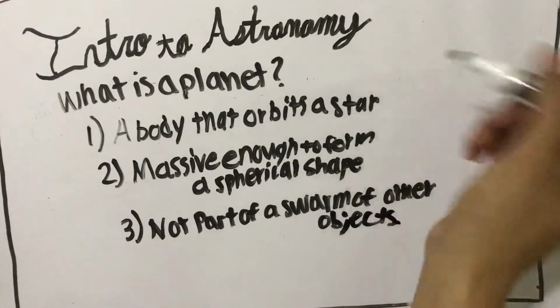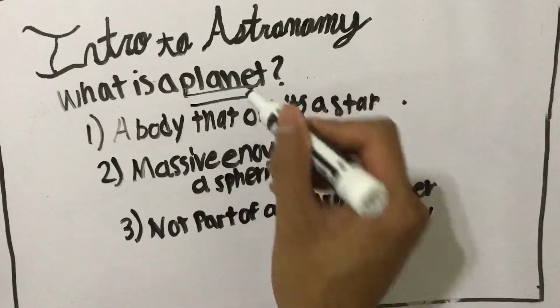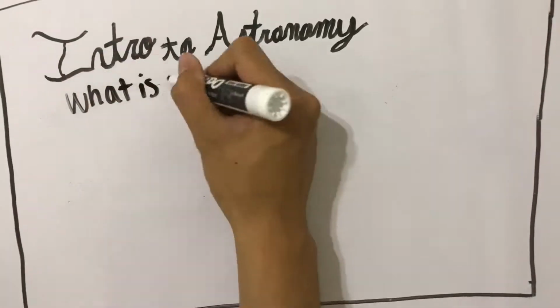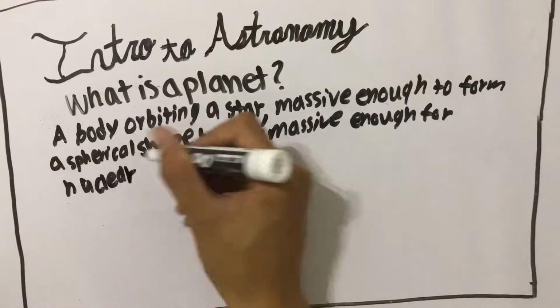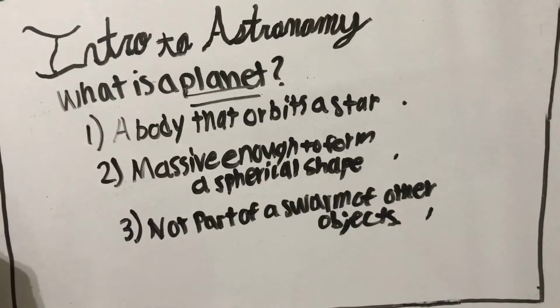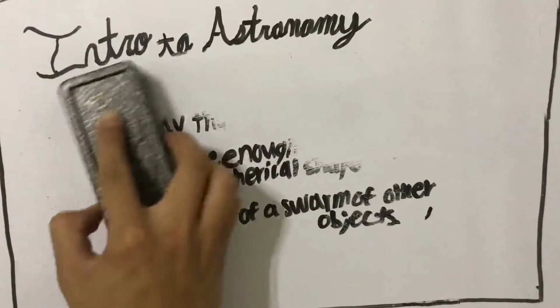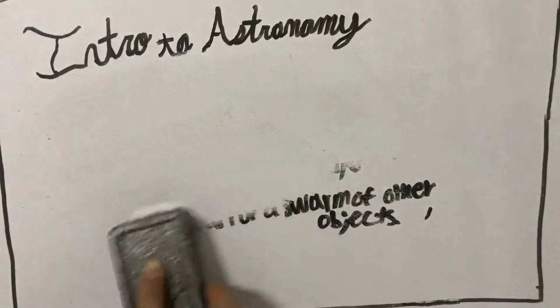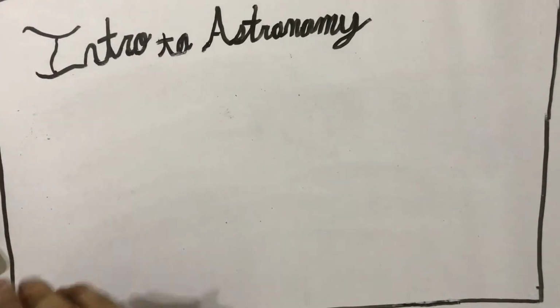So these are the 3 main definitions that need to be satisfied to be considered a planet. We will discuss the different planets later on, including Neptune, Jupiter, Mercury, etc. But right now we're just going to focus on the definitions.